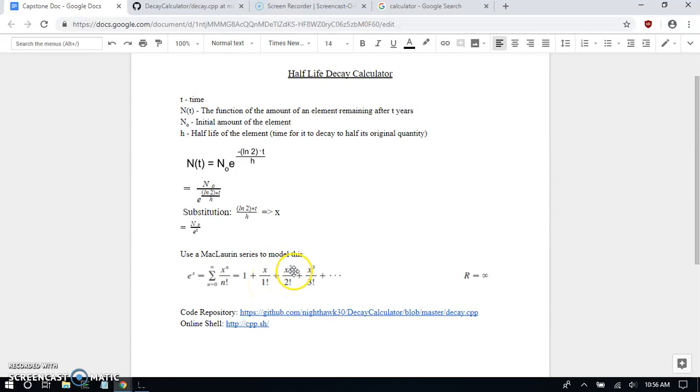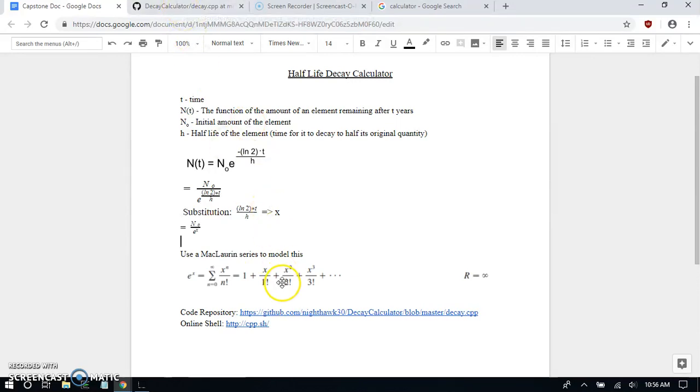And x cubed over 3 times 2 factorial is x cubed over 3 factorial. So what that ends up doing is it just shifts the entire polynomial over 1. So instead of starting at 1, it starts at x. And now you have the exact same series.